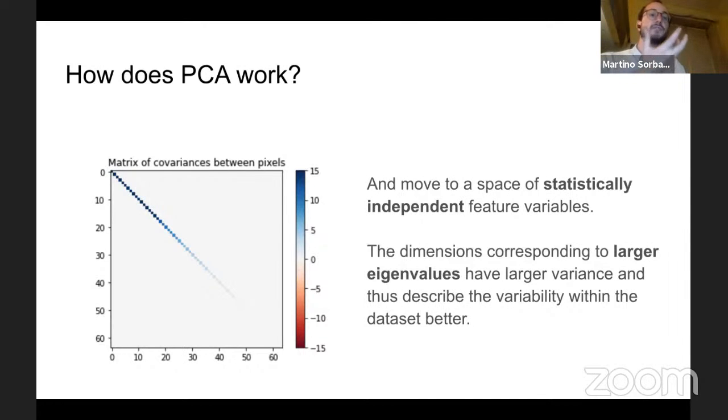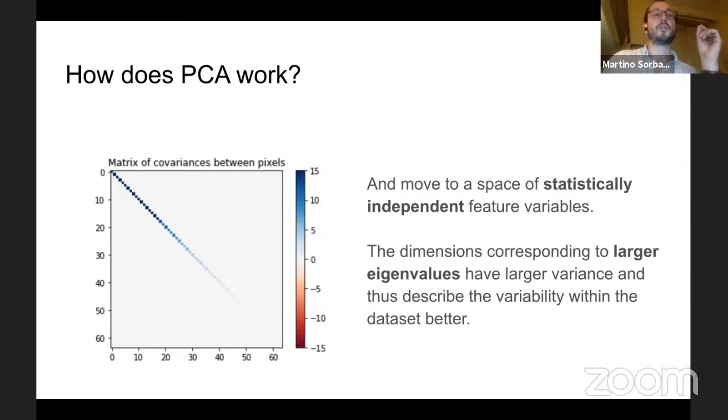But I've done a special one. I've chosen it so that all the variables are now uncorrelated, statistically independent in a linear sense. So they are uncorrelated. Their covariance is 0, and they have different variances. Each of these new variables is a linear combination of the previous ones, but this time they are not correlated to each other, and they have different variances.